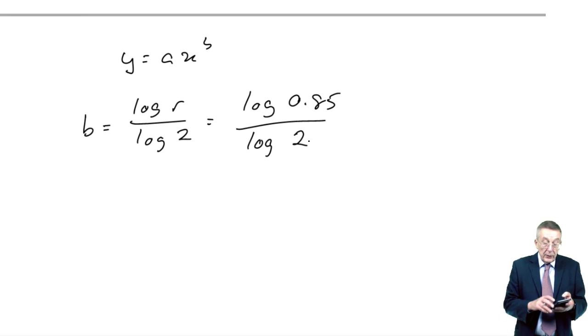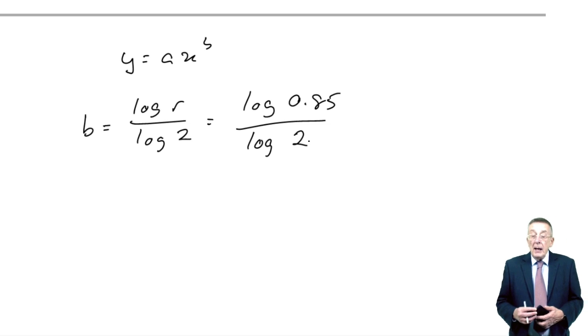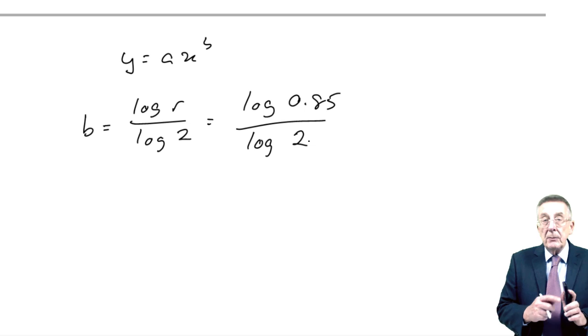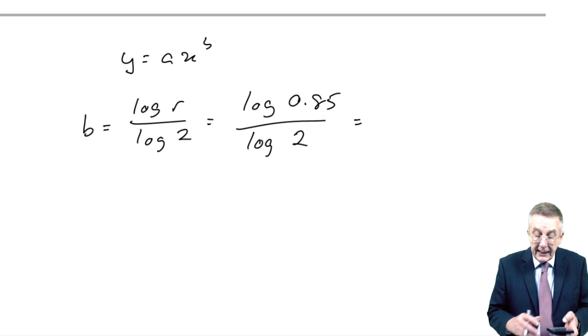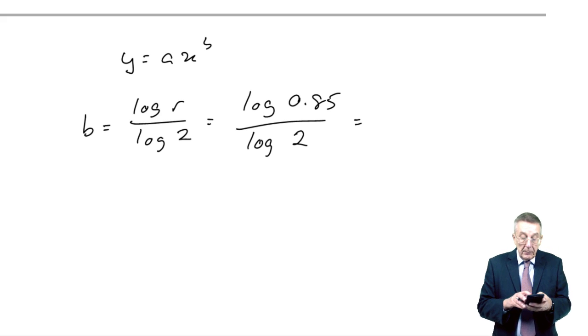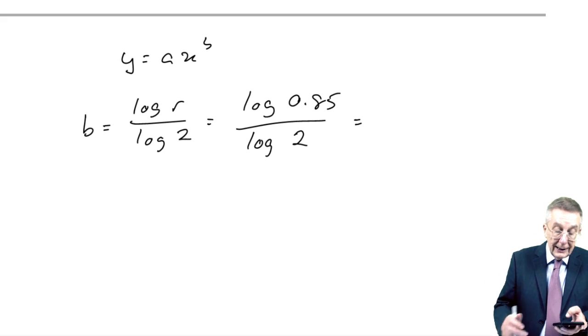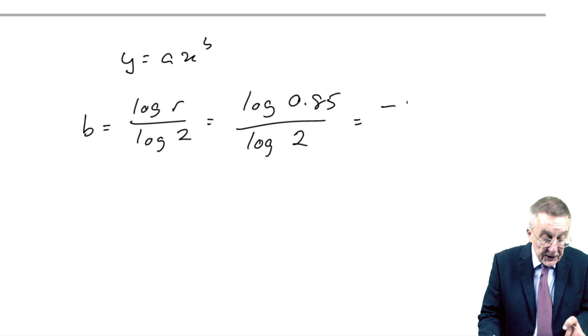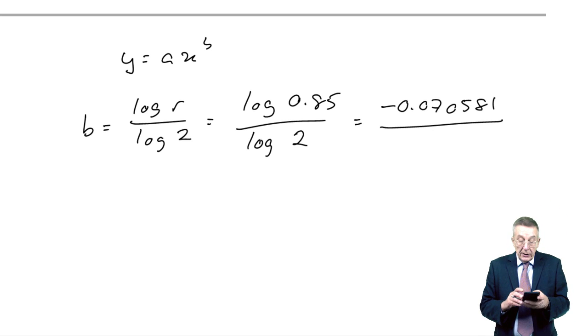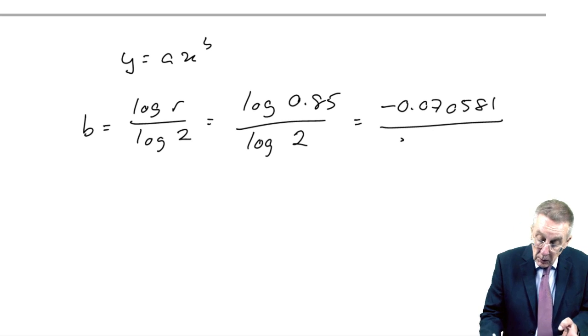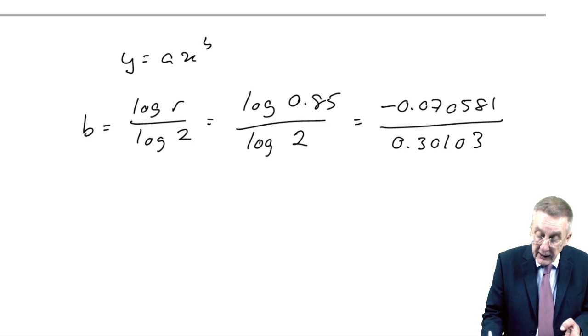Now I've said, whether you've got one in front of you at the moment or you haven't, you must get a scientific calculator that can do this. And if you're efficient, you should be able to do both steps in one, and use brackets and things, but just so that everybody can check it, the log of 0.85 is minus 0.070581, divided by the log of 2, 0.30103.